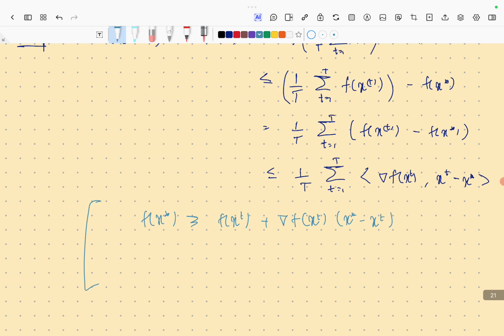So f of xt minus f of x star is less than or equal to gradient f of xt transpose times xt minus x star. I just moved this to this side and moved this here.